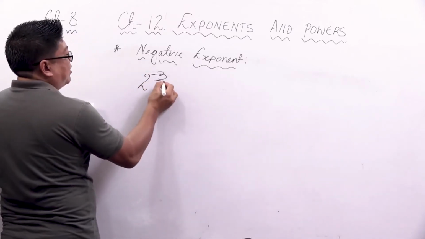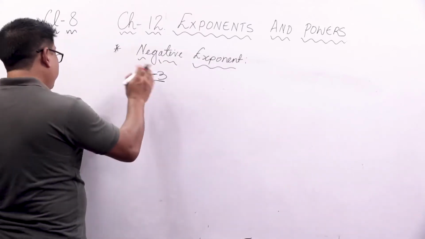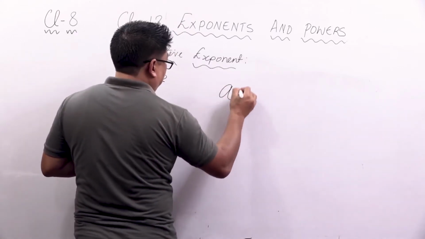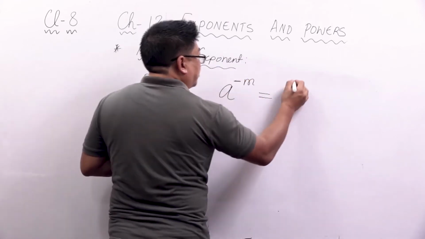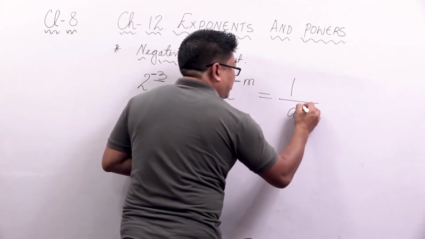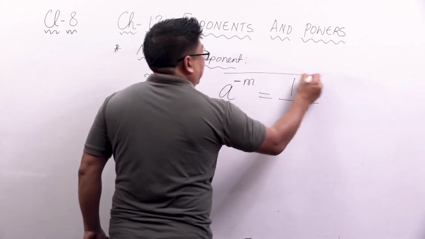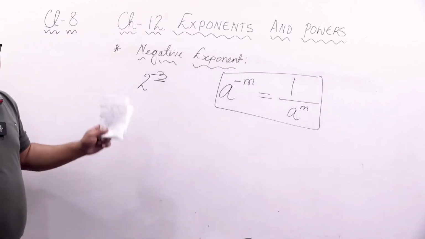So this minus 3 is your negative exponent. And there is a particular formula we can say: a to the power minus m is equal to 1 by a to the power m. This is a law that we have to understand.